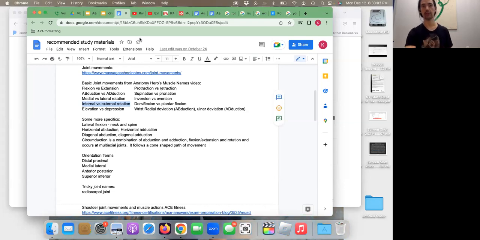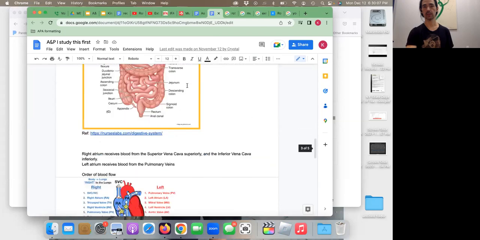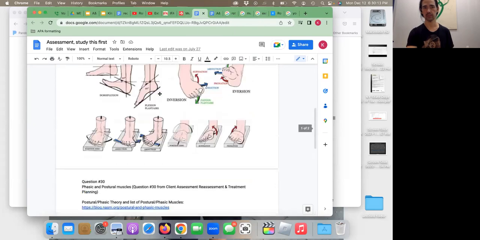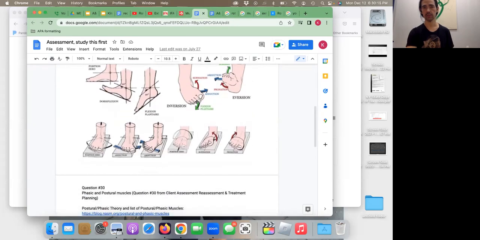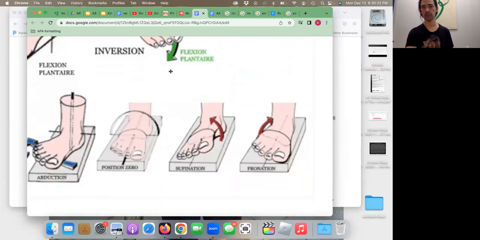And I believe that where ankle sprains are concerned, where internal and external movements of the ankle are concerned, there's also pronation and supination. The terms are pronation and supination.